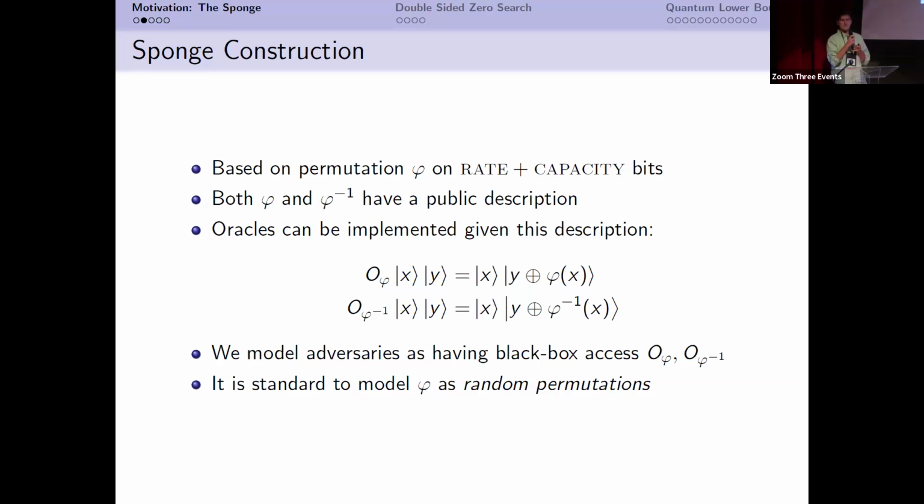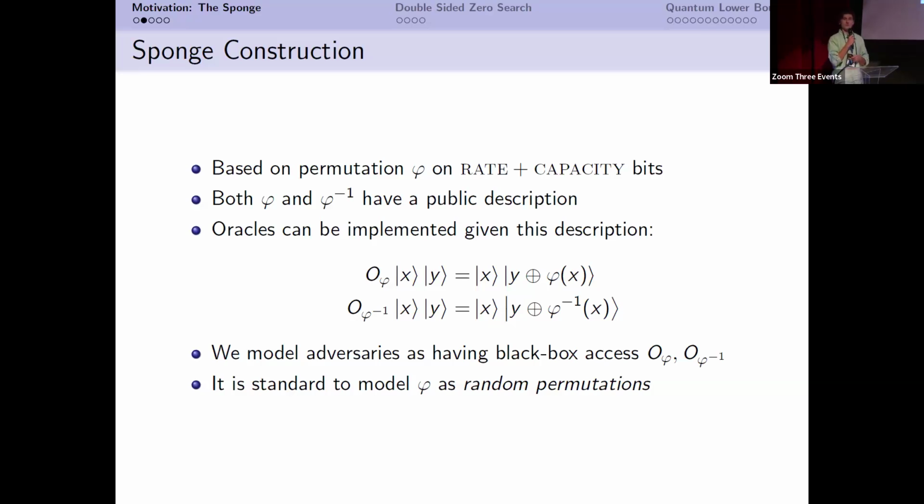In most standard settings, a minimal assumption is that this permutation needs to have some public description if we can evaluate the hash function. That means that an adversary with a quantum computer could prepare tuples that look like this, and these will be efficient. In particular, they can evaluate the permutation forward, and they can also evaluate it in the backwards direction. That's a minimal assumption for modeling adversaries.